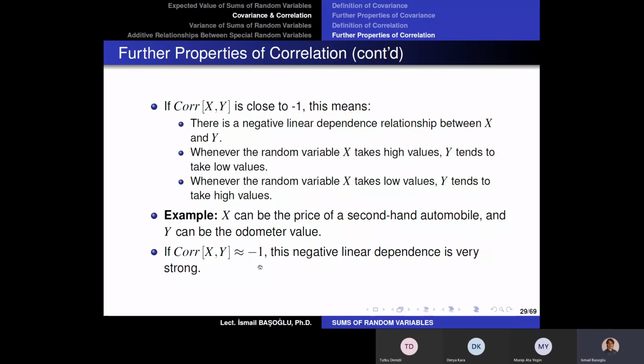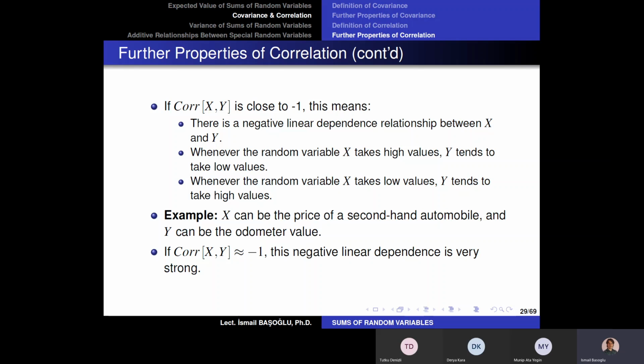I mean, the experts who are defining the price of second-hand automobiles are basically looking at the odometer values and other variables as well. This linear dependence is not an exact linear dependence because the price of a second-hand automobile is not just dependent on the odometer value. It is also dependent on other factors as well.